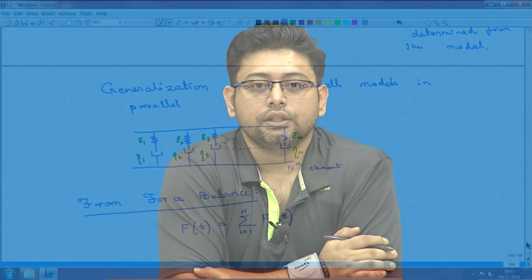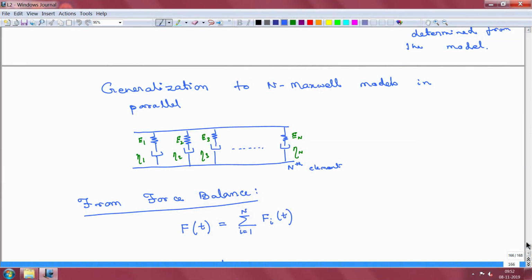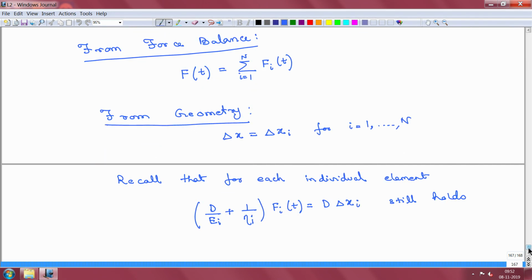Last time we were discussing the generalization to n Maxwell models in parallel, and we had left off where we had discussed that the force balance equation would look very similar to what we had before. We had also remarked that the geometry constraint remains identical to the case of elements in parallel, which is something that you would expect.